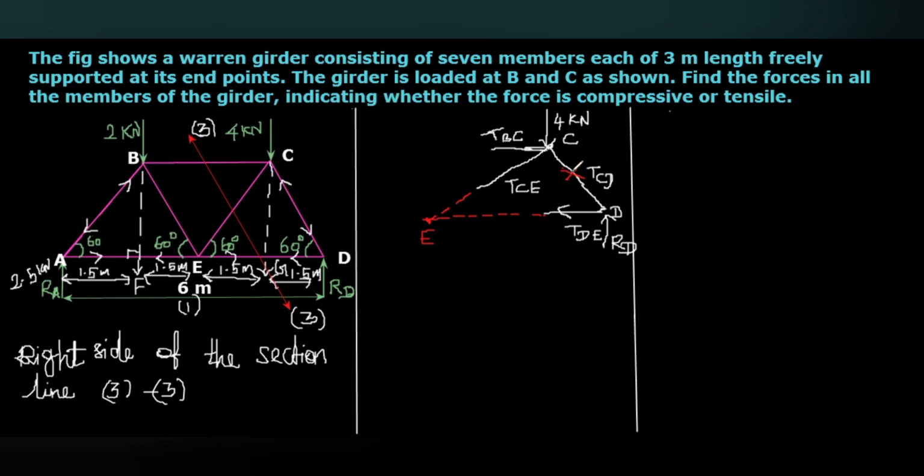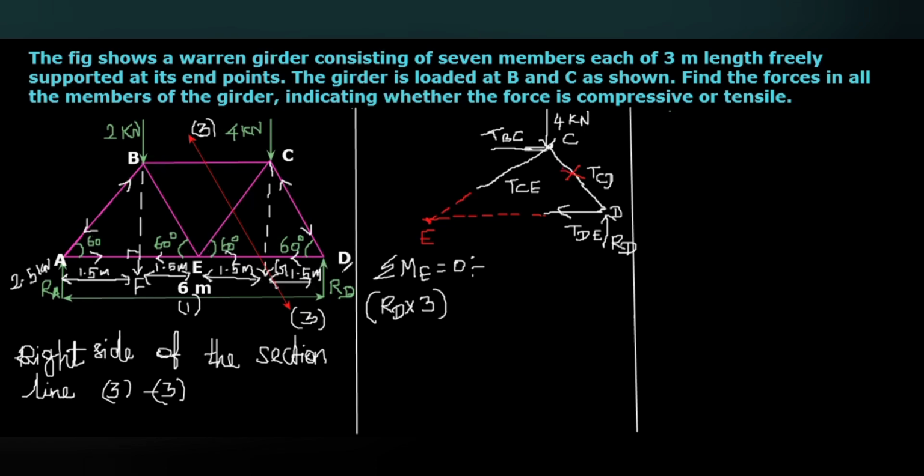And we know that as per the principle of transmissibility, the 4 kilonewton is acting here. So from the point E, that will be 1.5. So when you take the moment about the point E and equate to 0, RD multiplied with 3.